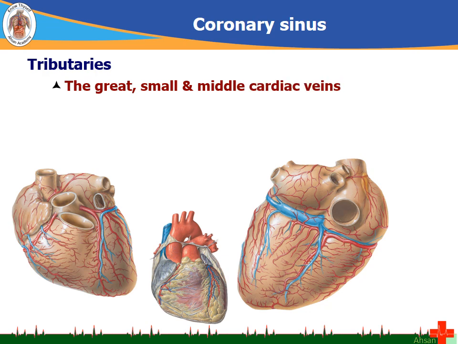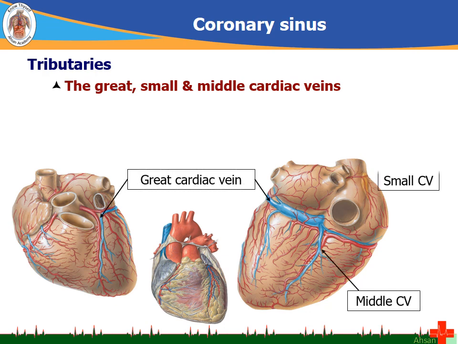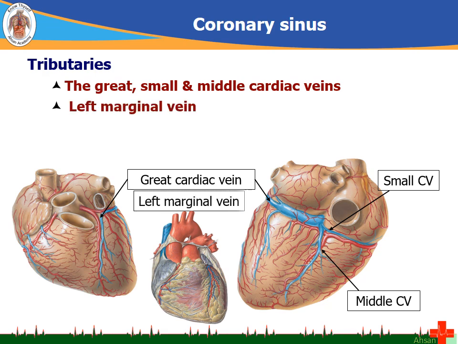These are the great, small, and middle cardiac veins. Let me label that. This is the great cardiac vein. This one is the middle cardiac vein in the posterior interventricular groove, and this small cardiac vein follows the atrioventricular groove. So the great cardiac vein with the marginal vein actually forms the coronary sinus.